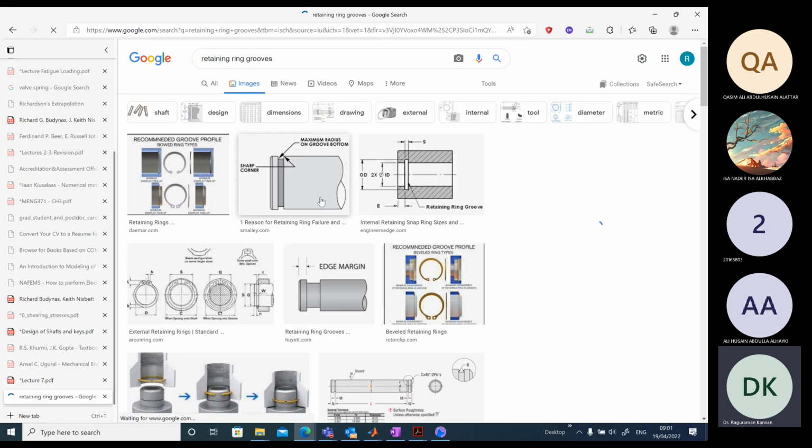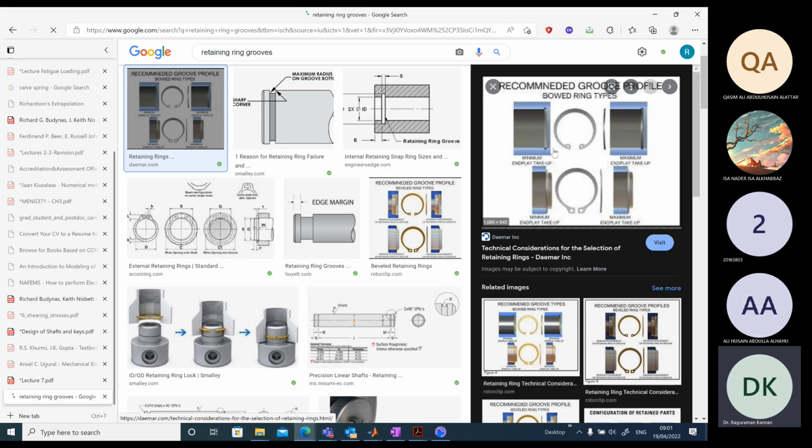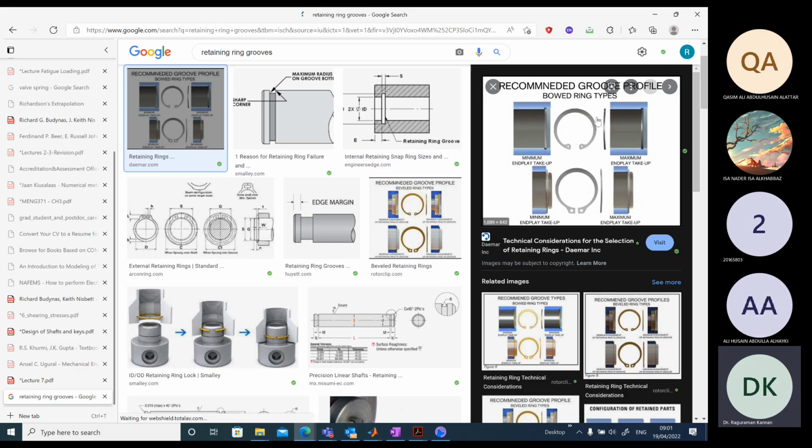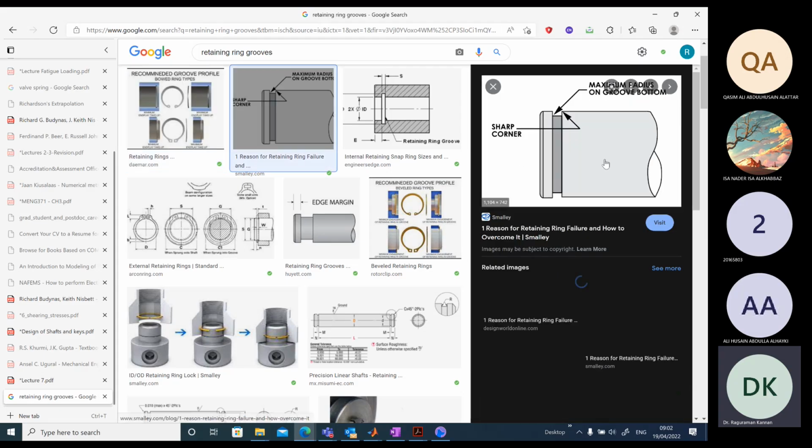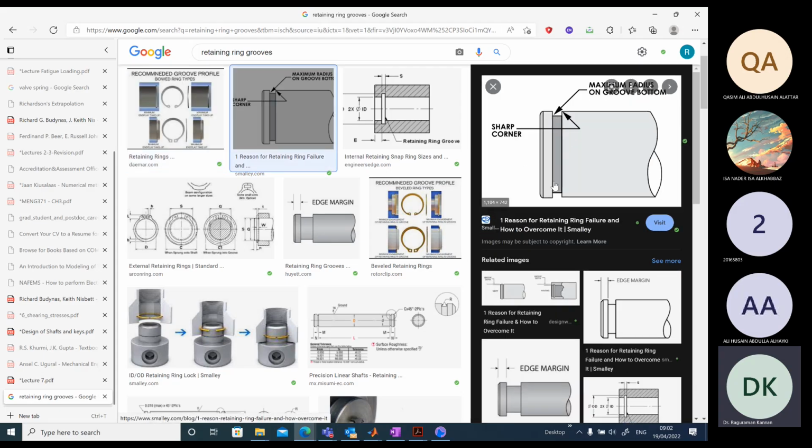Let's see an example. This is an example of a retaining ring which positions your bearings or other components on the shaft, and these rings will be installed inside a groove of the shaft. Let's see a better picture here. So this is the groove.